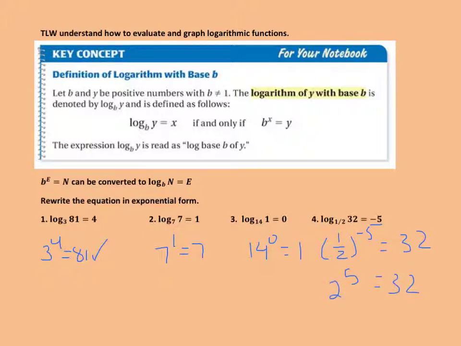All those are true. Because see on this one, B is 3, E is 4, N is 81. So Ben is equal to the log of Benny. That's just a trick I learned to help remember. Alright.